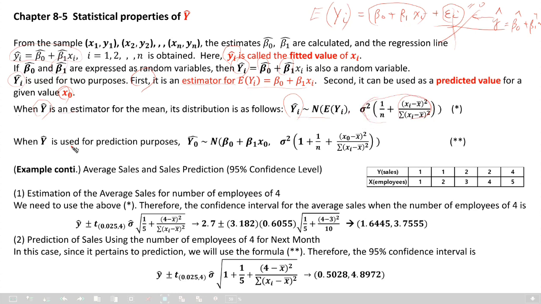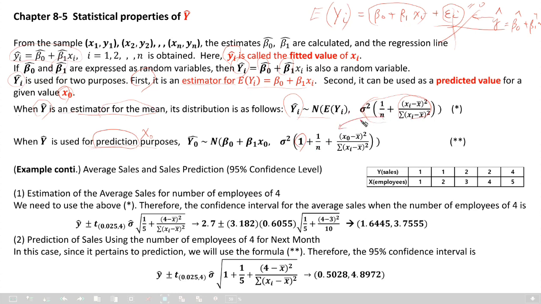When y hat is used for prediction purposes, prediction is a little more ambiguous than estimation. So for prediction, y0 hat, with y0 at x equal to x0 given, follows a normal distribution with mean beta 0 plus beta 1 x0 and variance sigma square times 1 plus the same thing.